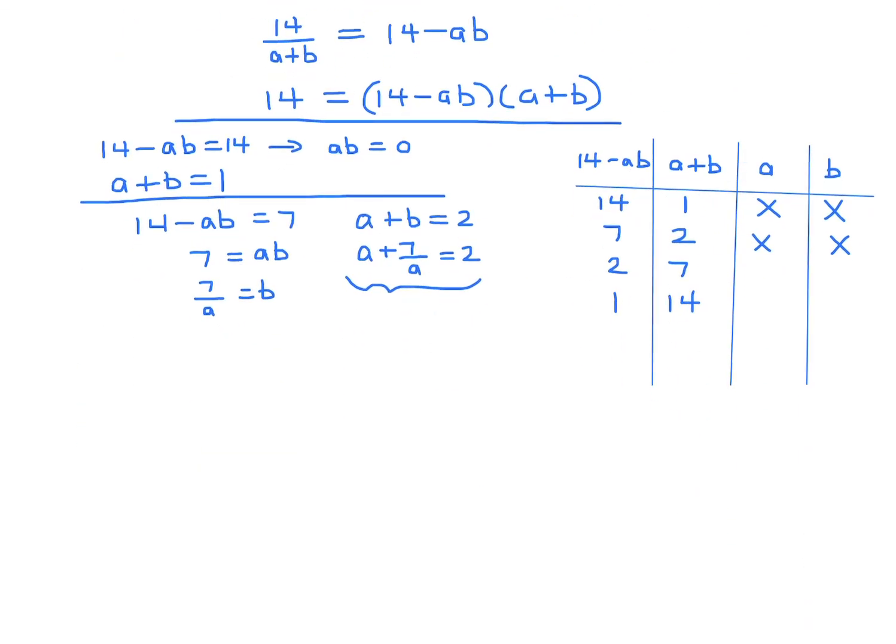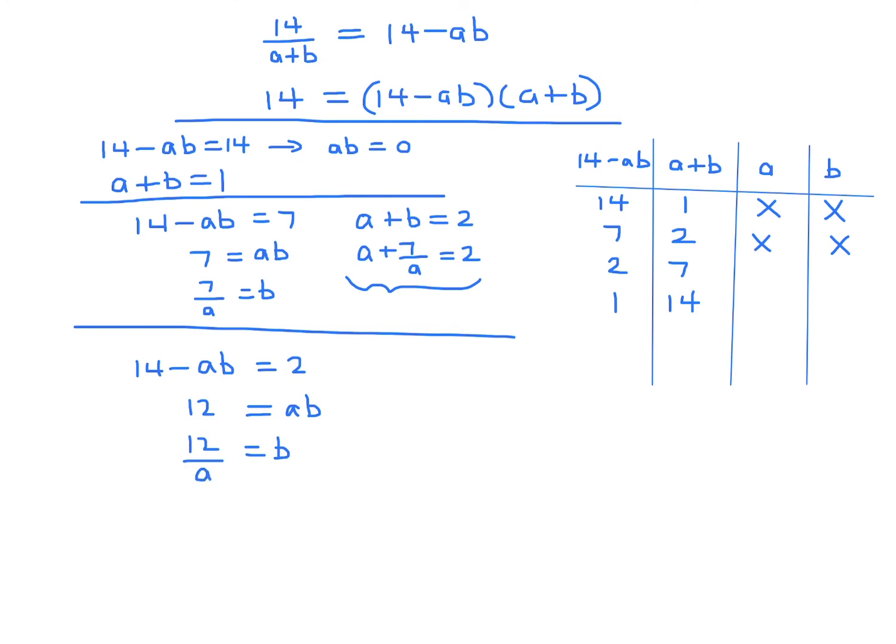All right, don't give up hope. We still got a couple more. How about if 14 minus ab is equal to 2? All right, this looks promising. ab would therefore be 12, and we can isolate b: 12 over a, like that. So then we've got to fill this criteria. a plus b is this time 7. So we've got a plus 12 over a is equal to 7.